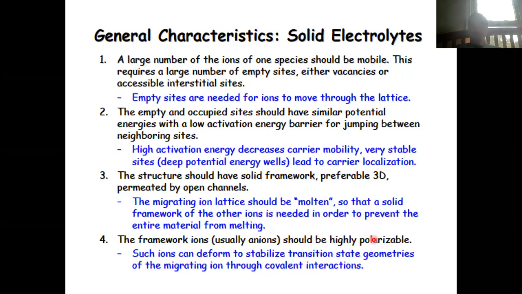This is because when the anions are highly polarizable, they are soft, so that they can deform relatively easily when a cation tries to squeeze through an interstitial site, either onto that interstitial site or through that interstitial site to another vacancy.